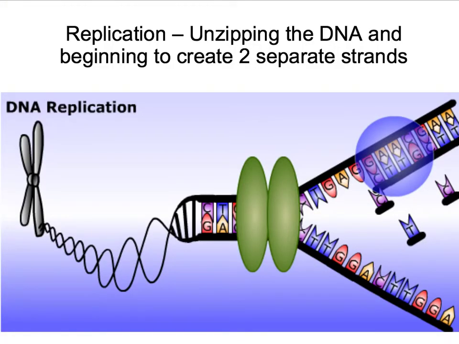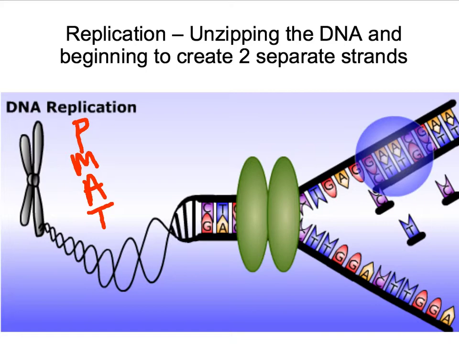So I found a diagram that will show us the big picture. Everything down to a chromosome. And remember, humans have 46 chromosomes. And then we're going to look inside the chromosome to different strands of DNA and how it's beginning to replicate. Now remember the phases of mitosis and then meiosis.